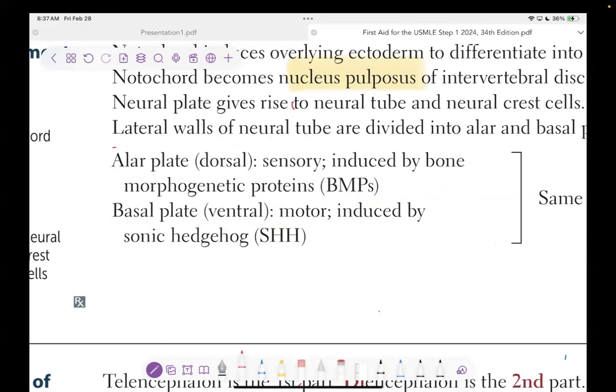For the basal plate, or ventral horn of the spinal cord and ventral part of the brain, we need the sonic hedgehog gene. We say SHH, motor, it's moving, SHH, moving. And for the dorsal or alar plate, we can say bump. Usually a bump is in the back of something, right? So we don't forget these two genes, which are very high yield and important.